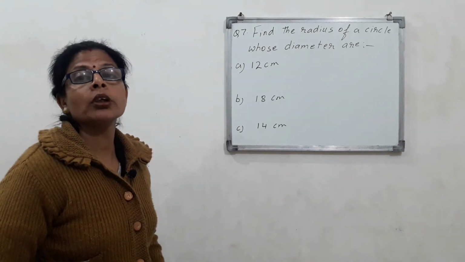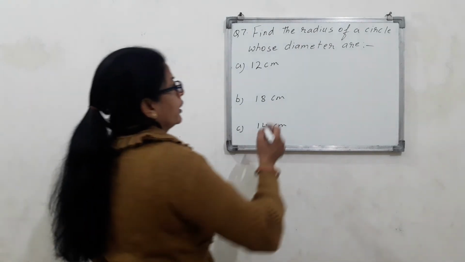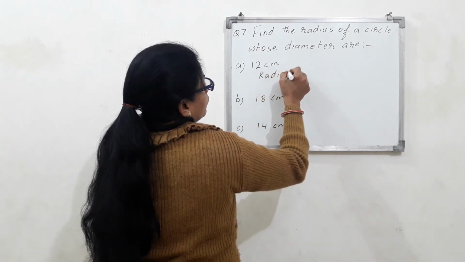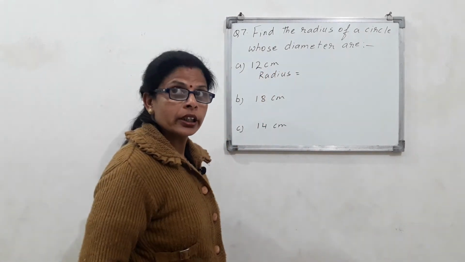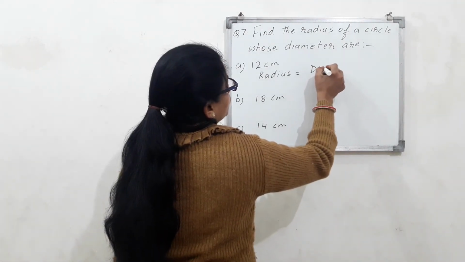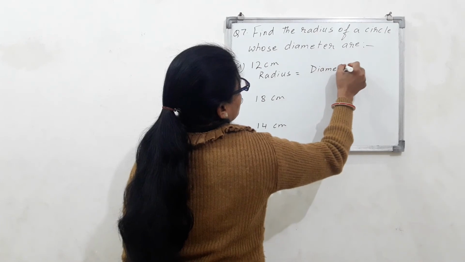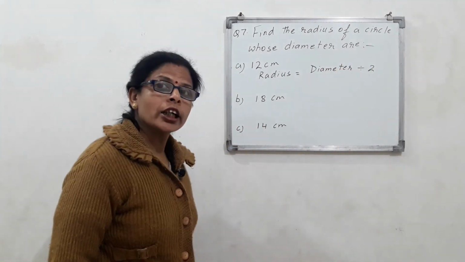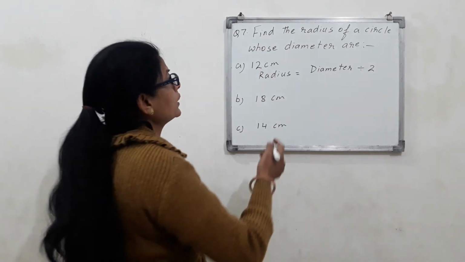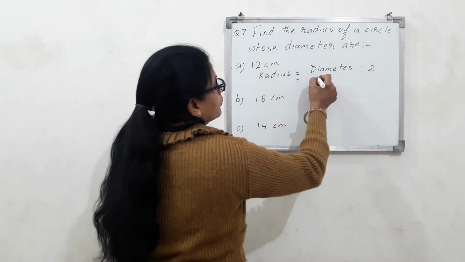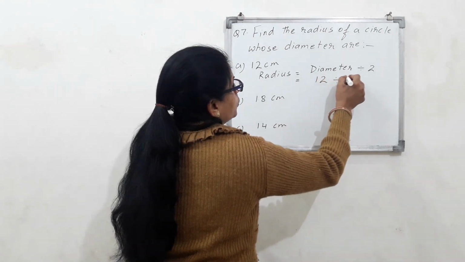So what is the formula to find the radius? Radius is equal to diameter divided by 2. We have to divide the diameter by 2. What is the diameter given? 12 divided by 2.